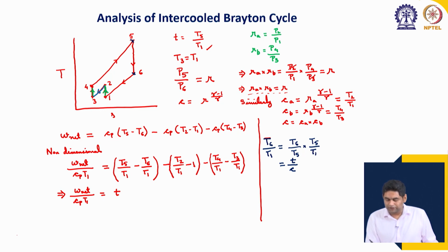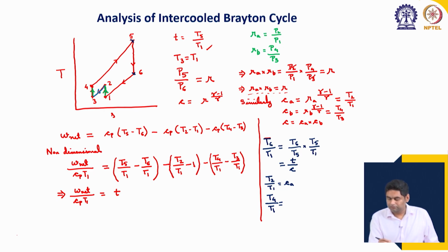Then we will have to find T2 by T1. What is T2 by T1? T2 by T1 we already know, this is equal to Ca. Then what about the next term? Next term already we know it is 1. Then T4 by T1. What is the value of T4 by T1?